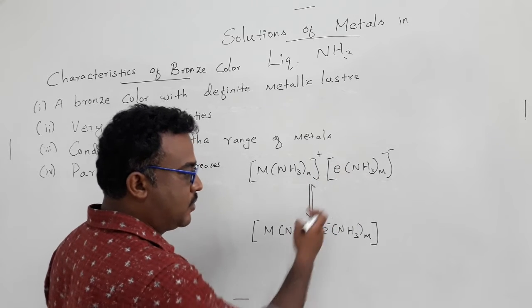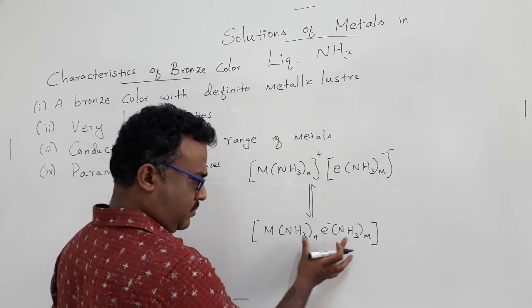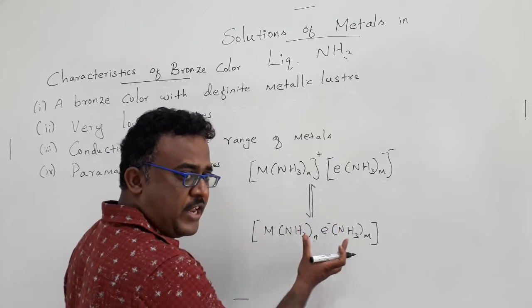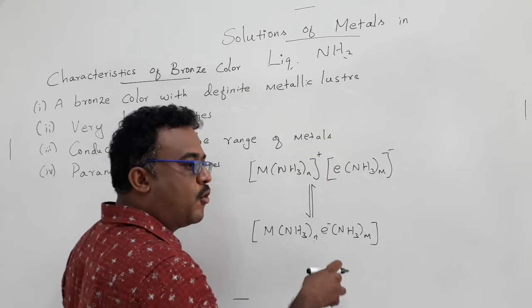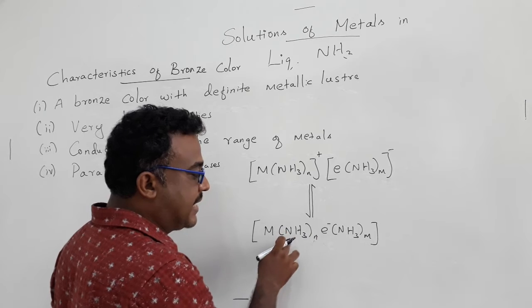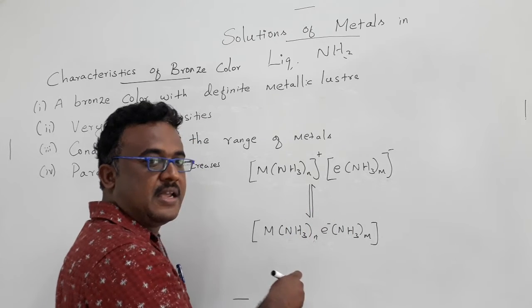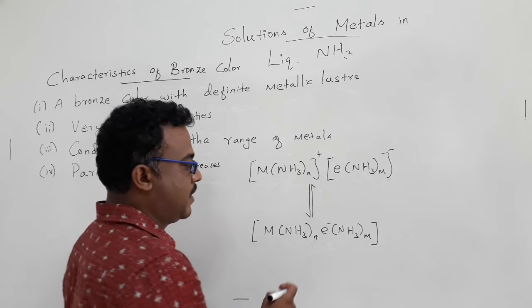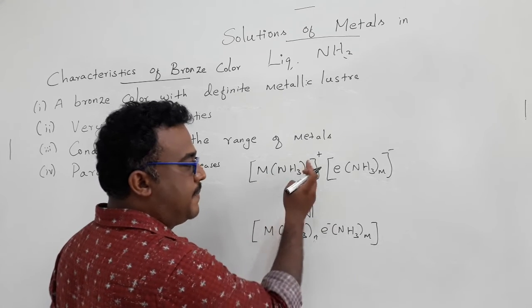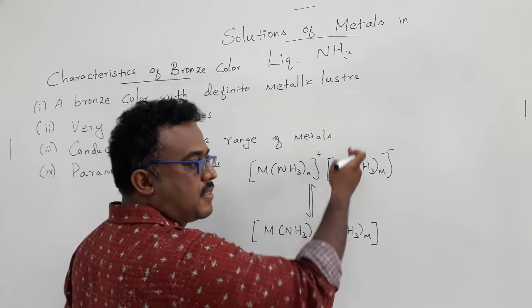But when you come to the second one, in this case, an ammonia cage has both metal and electrons in the same cage. So in this case, the electron which is present in the metal will behave as in the metal. Here the metals will be separate metal ions, and in the other case, the solvated electrons.